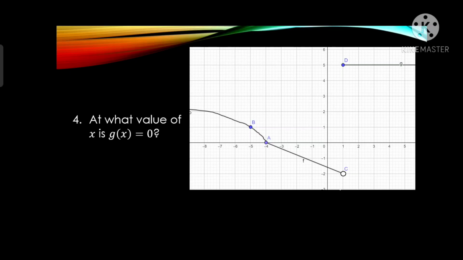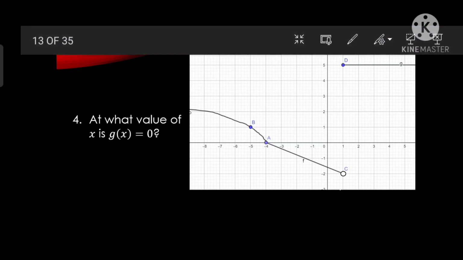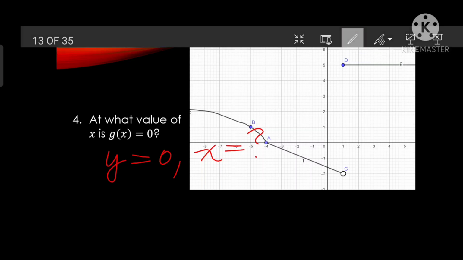That means g of x equals 0, so the value of y is given, y is equal to 0. And we are going to find the value of x. In this case, we apply the same steps, only that we are going to start in the y-axis instead of the x-axis. Okay?